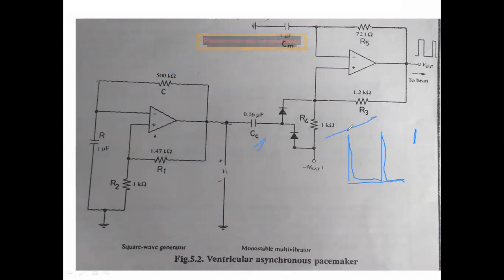So the generation of these pulses depends upon the values of CC, the coupling capacitor, and the values of R4 and R3. Like this, it will produce the positive pulses, and these positive pulses are applied to the heart.